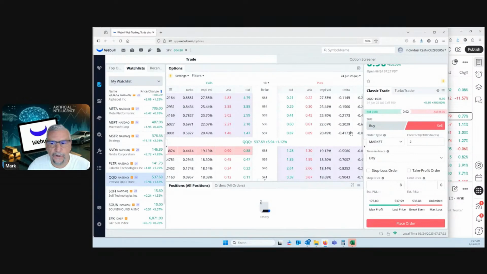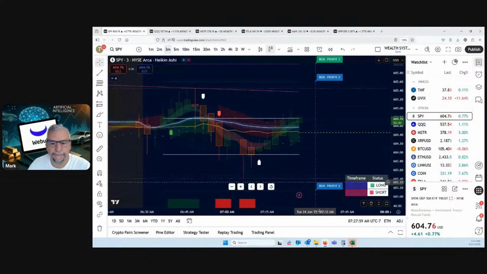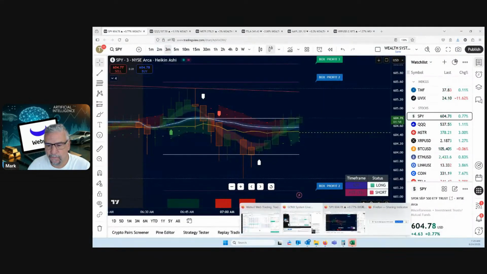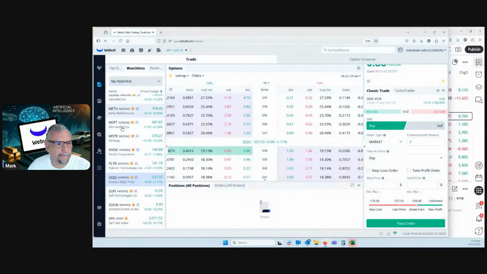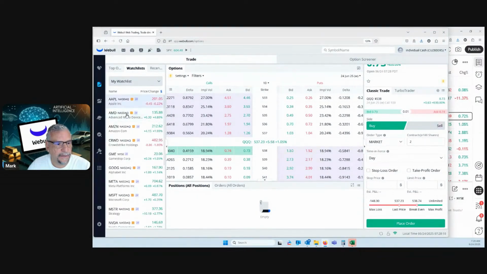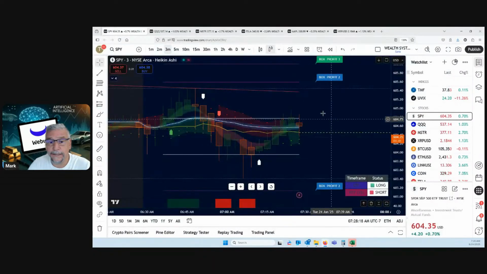Right now I'm in a QQQ just as a placeholder here, but when I do see something I like, I can come here and go to Microsoft, MSTR, Nvidia, Palantir, SPY, Tesla, Apple, AMD, Amazon, and I can add to the watch list any stock or ETF that I want to trade.